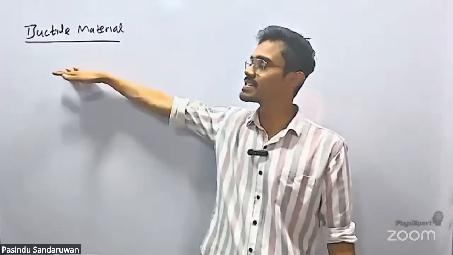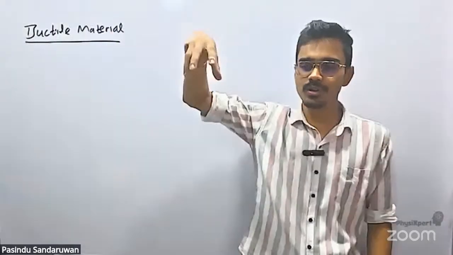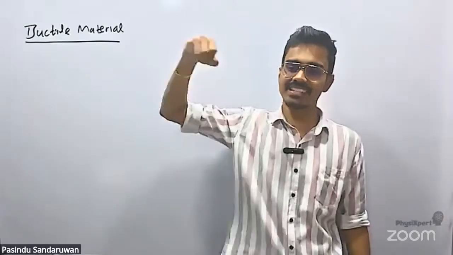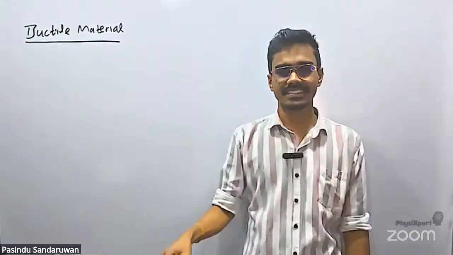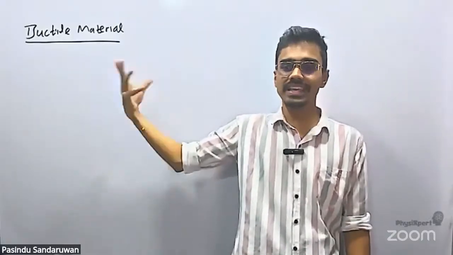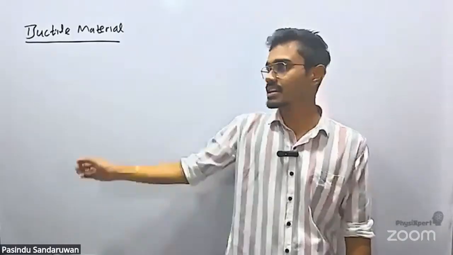Today you are going to learn the exact definition of a ductile material, because only now do you know about stress and strain. In O levels you don't have stress and strain, so the correct definition cannot be given.